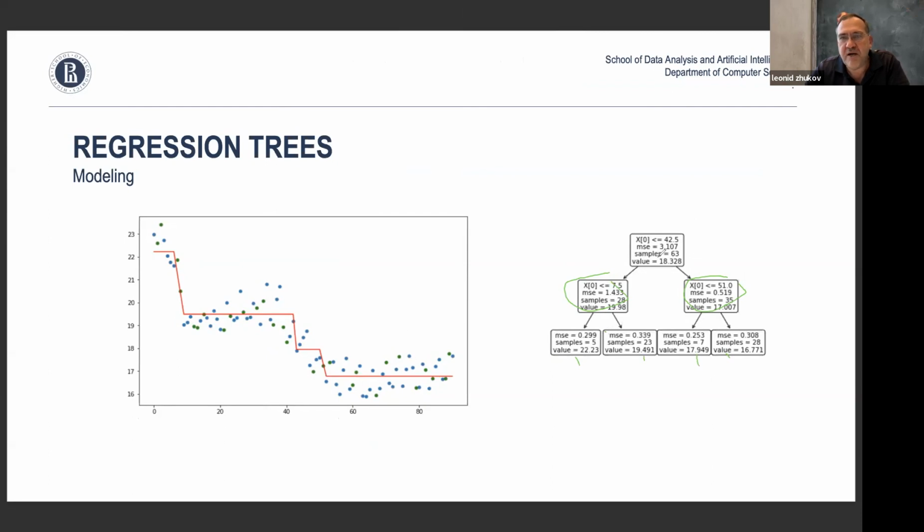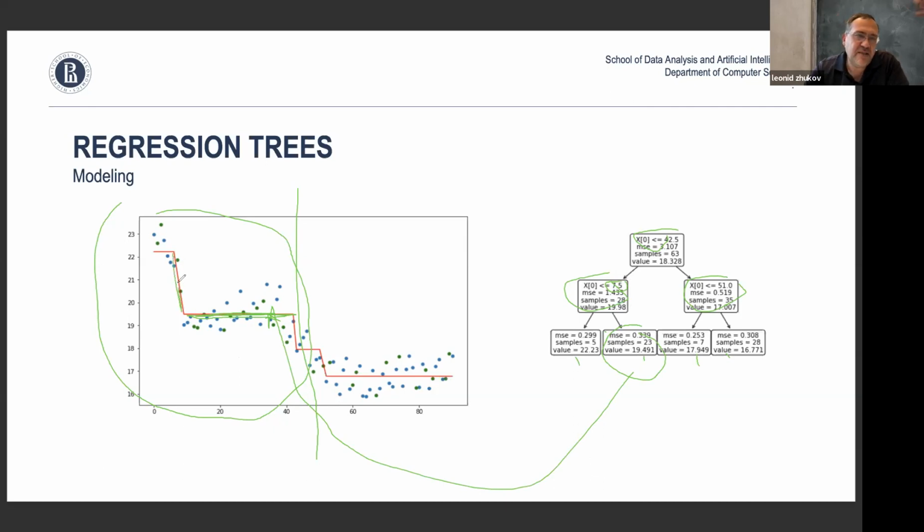The way to parse this tree is, if x is less than 42, then we look onto this side, and then, for example, if x is greater than 7.5, let's say x equal to 10, then this value corresponds to this line. It's not vertical here only because that's how I visualized it. The right way to visualize would be, of course, that the partition should be vertical. It's just not the best visualization.